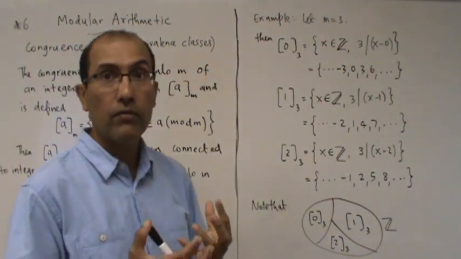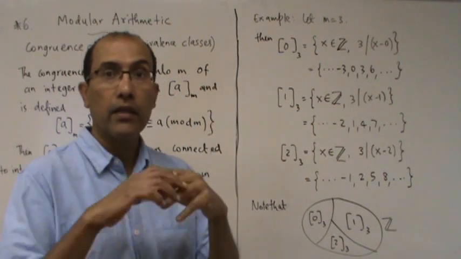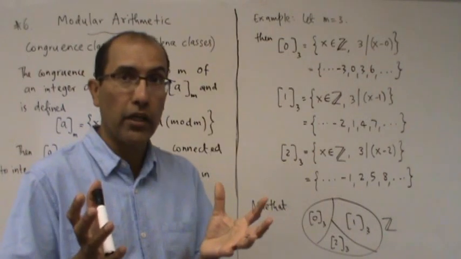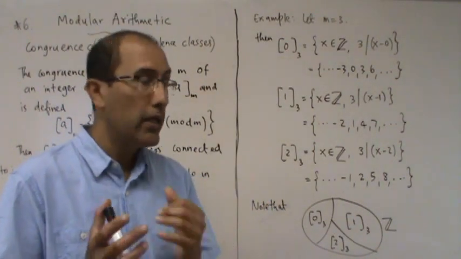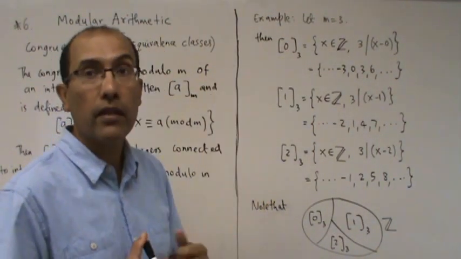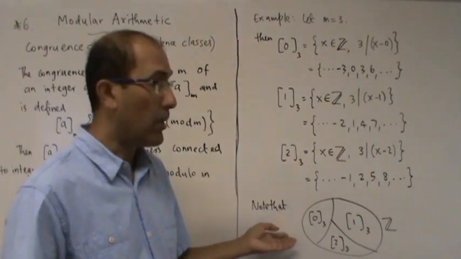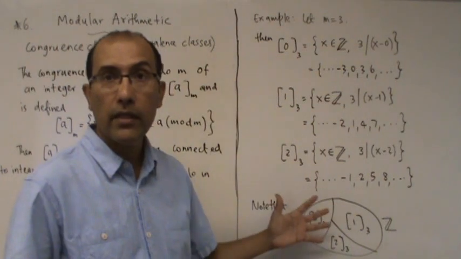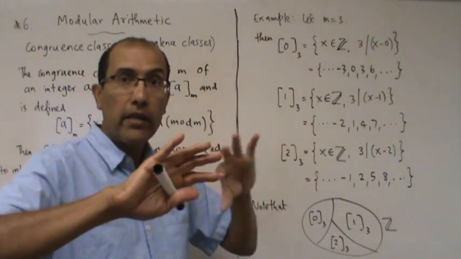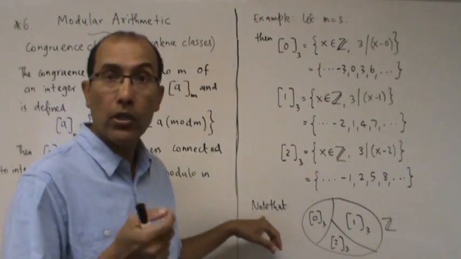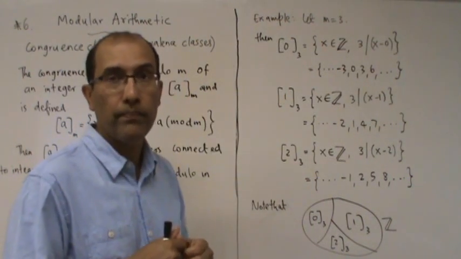So we say that the set of integers gets partitioned, gets divided into these three congruence classes. I can draw it schematically like this. Suppose this is all the integers, then the integers get divided into three separate areas through the modulo 3 relationship.